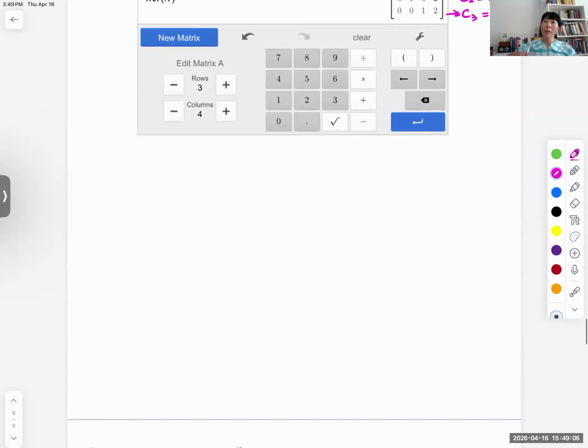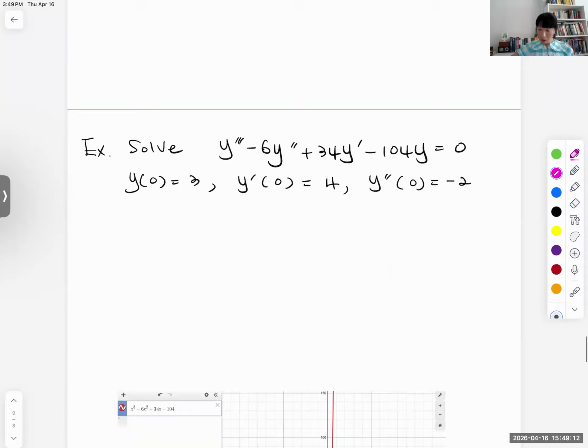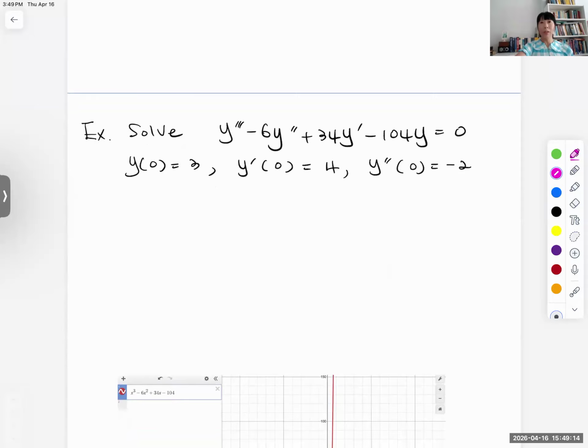Okay. Now let us do the last question. So we did those 2 cases, right? So one, the last case. Yeah. All right. So let's take a look. So we have y triple prime, negative 6 y double prime, positive 34 y prime, minus 104 y equal to 0, right? Okay, with the initial value problem.